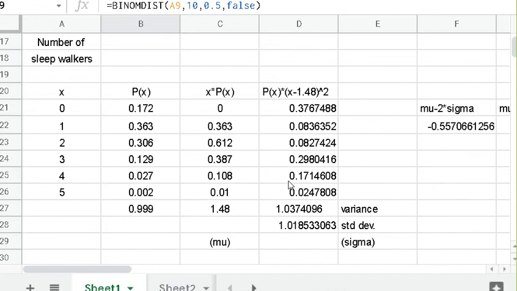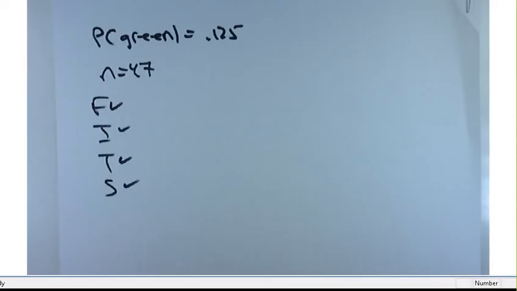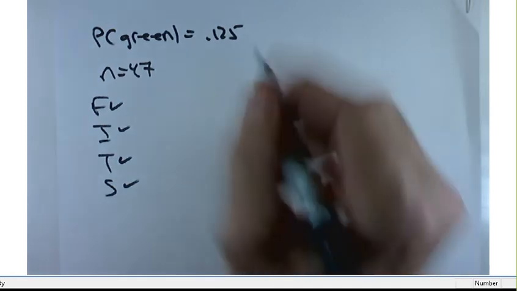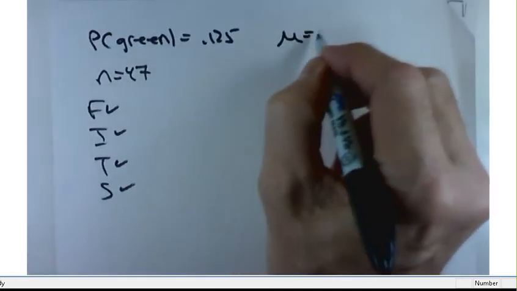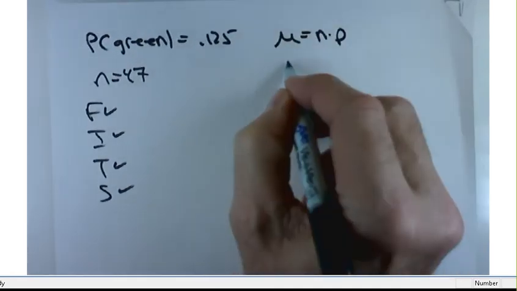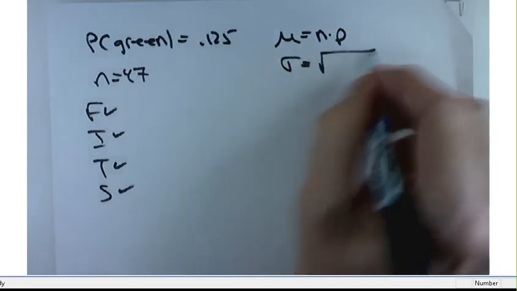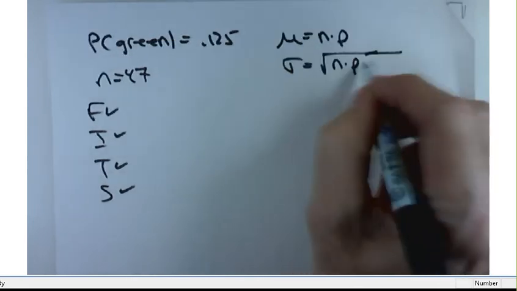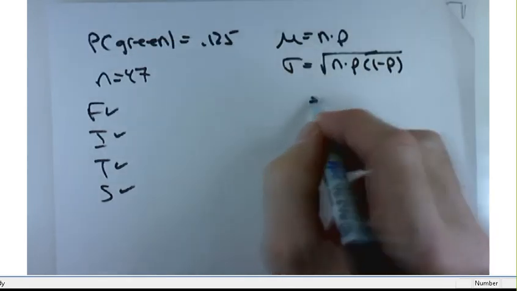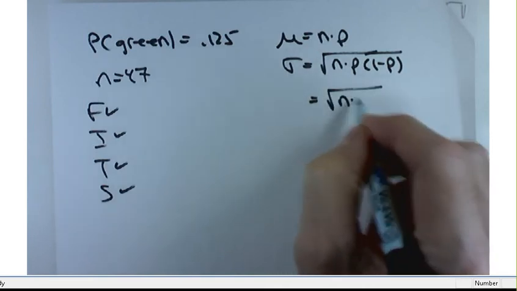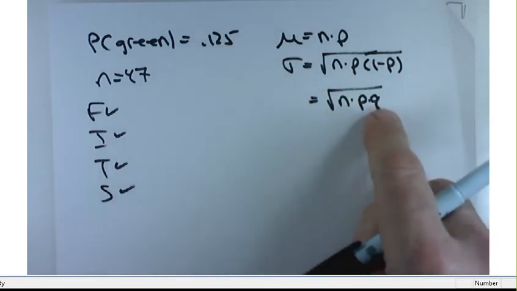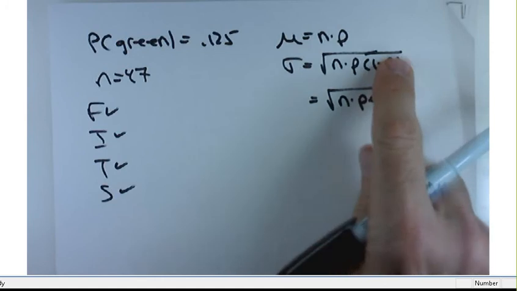Thank goodness we're not doing it by hand. But if you have a binomial random variable, there's a nice shortcut: mu equals n times p, and sigma equals the square root of n times p times 1 minus p, or you can write it as n times p times q, as long as you realize q is 1 minus p.